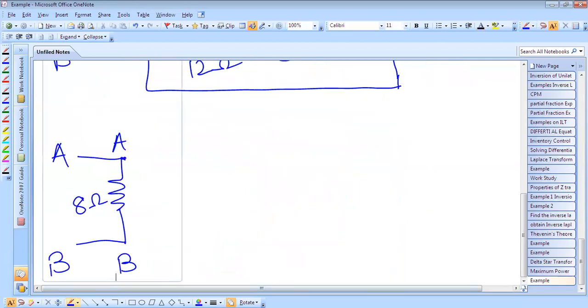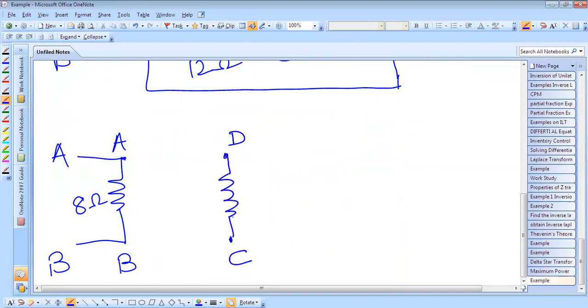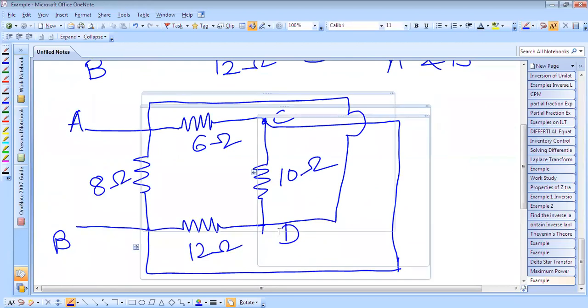This is the D terminal and this is the C terminal. Between D and C, we know there is a 10 ohm resistor.